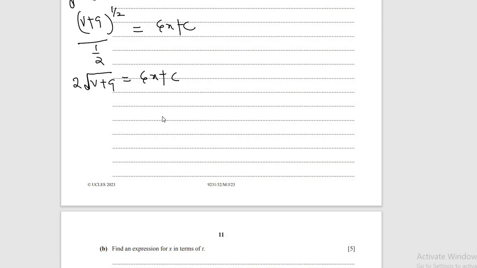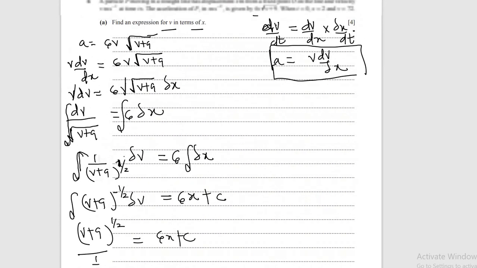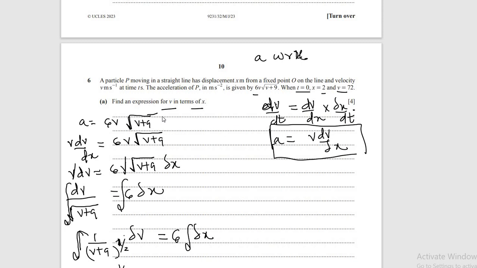Remember the initial condition given. When x is 2, v is 72.